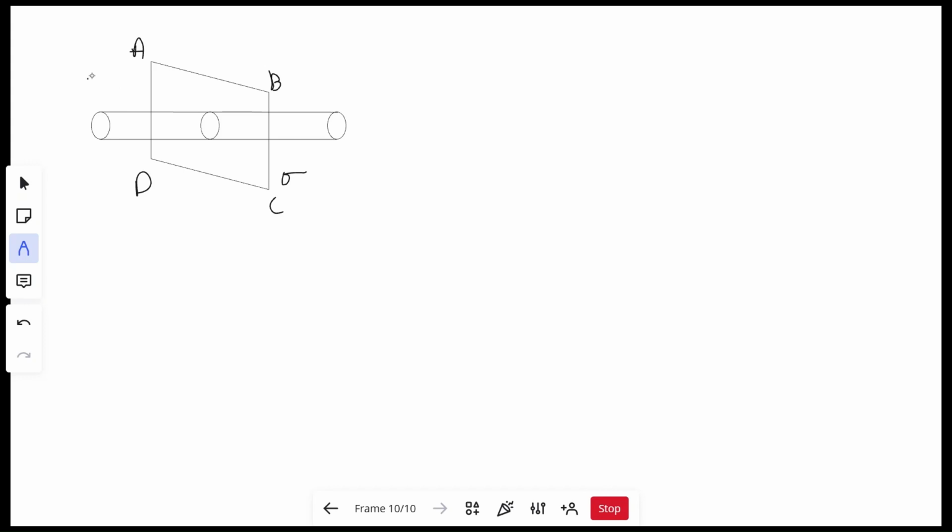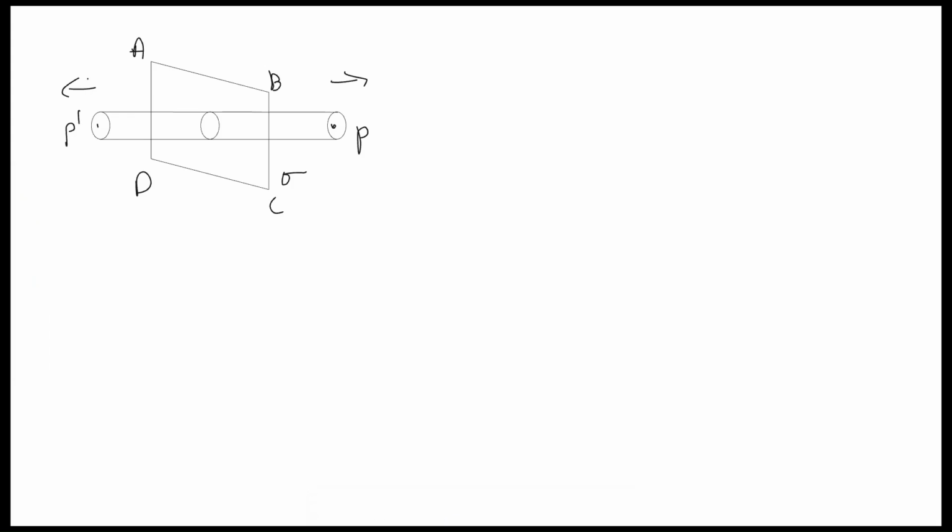Now let P be the point in front of the sheet and P dash be the point on the other side. At point P we will be calculating the electric field.